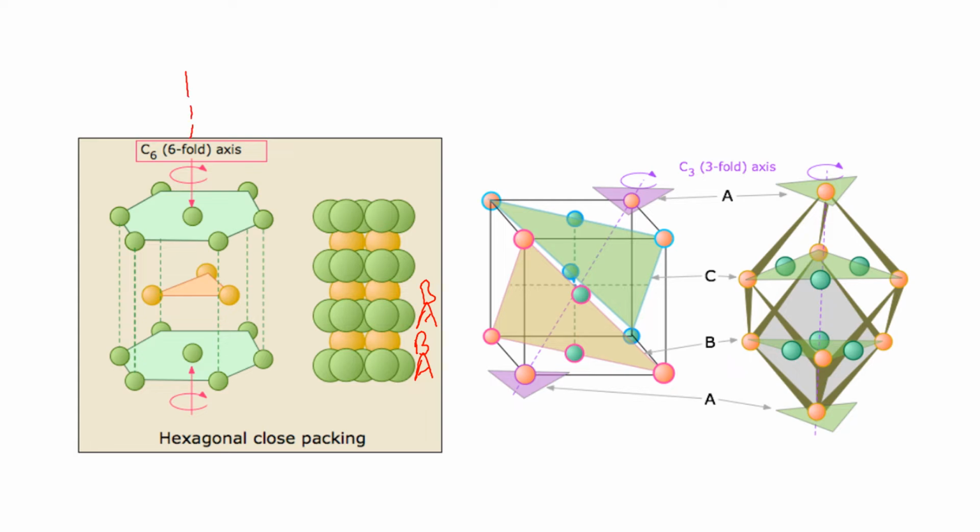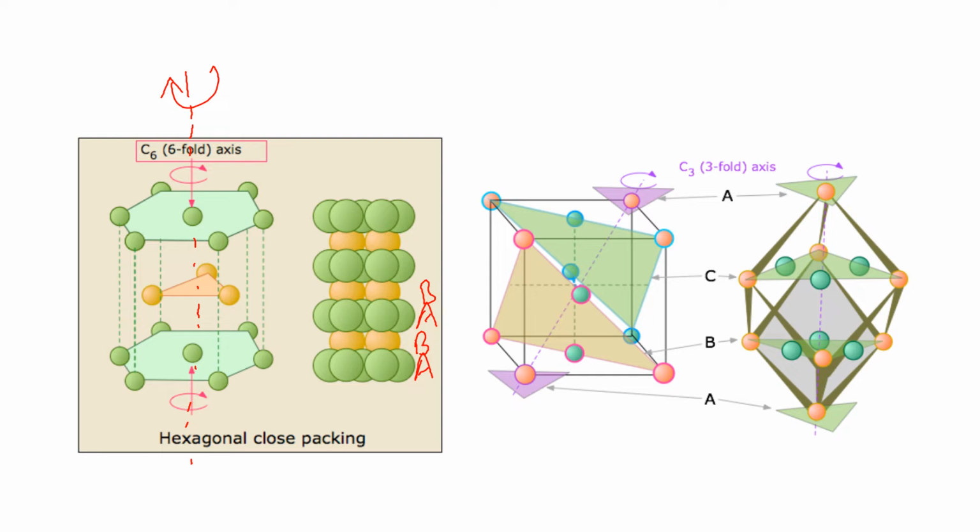If you rotate this structure about an axis passing through this, you see this is the axis shown here. If you rotate it, it has a 6-fold axis. 6-fold axis of symmetry, that is the term that we use for that.